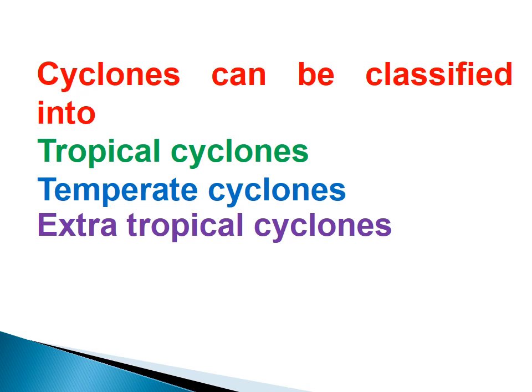In the Atlantic and Eastern Pacific Ocean it is called hurricanes. In the Philippines it is called bagyos, in Australia willy willy, and in Japan typhoon. So many types of names are there in all the oceans.